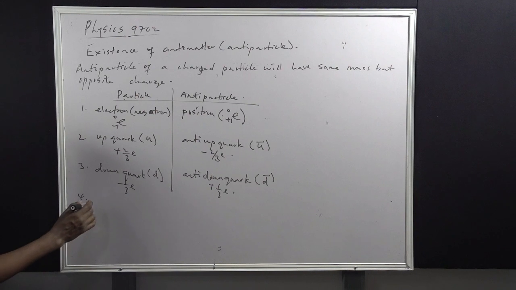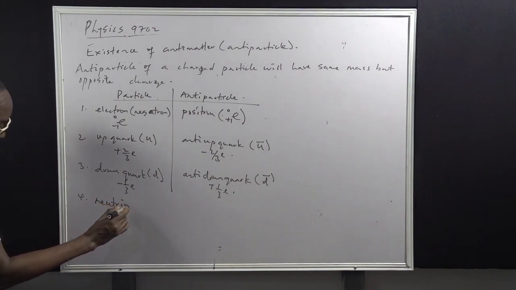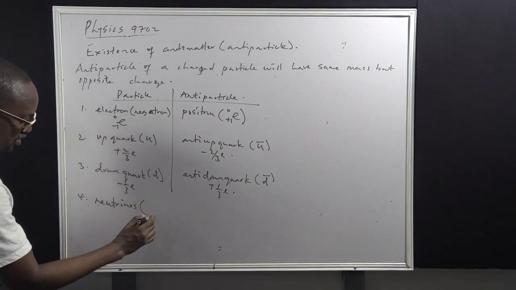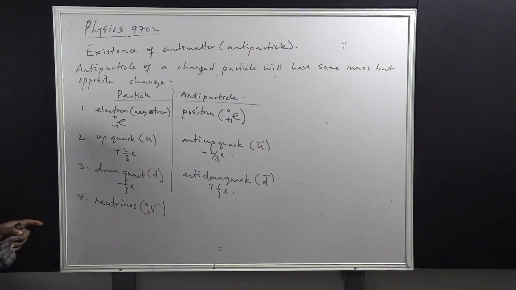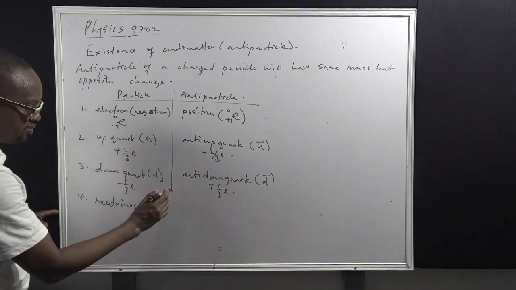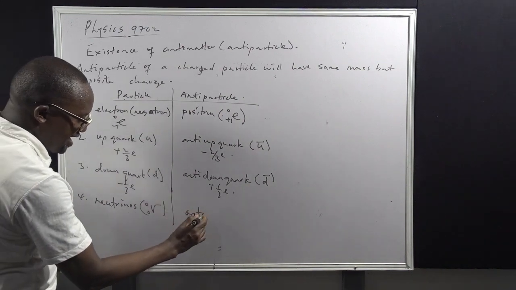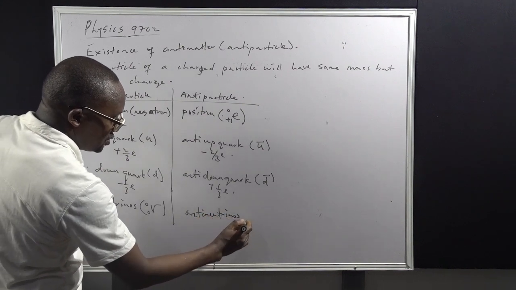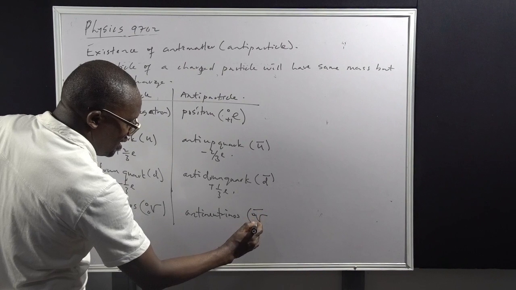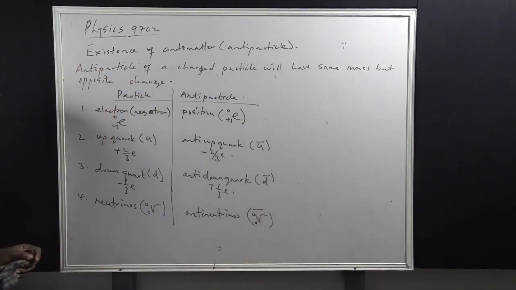You have neutrinos, or what you can call the electron neutrinos. Nucleon number 0, proton number 0. Then you have the anti-neutrinos. That is this with a bar, 0, 0.